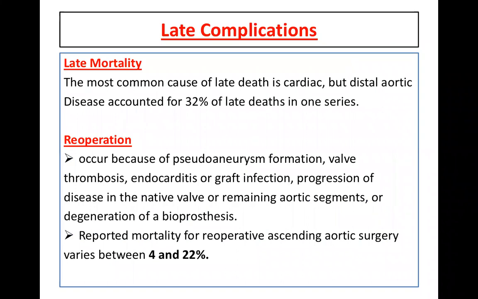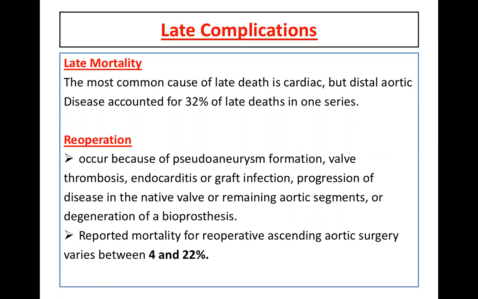Late complications. The most common cause of late mortality is cardiac, but distal aortic disease accounts for 32% of late deaths in one series. Reoperation occurs because of pseudoaneurysm formation, valve thrombosis, endocarditis, graft infection, or progression of disease in the native valve or remaining aortic segment.